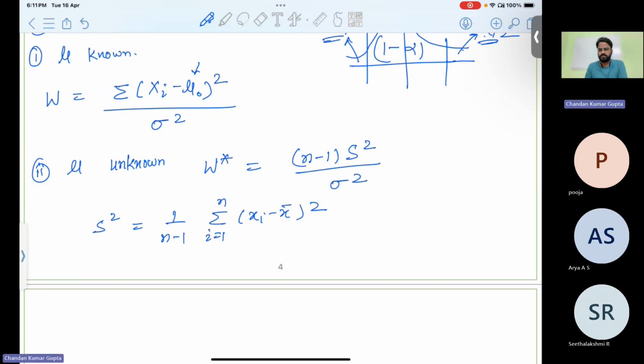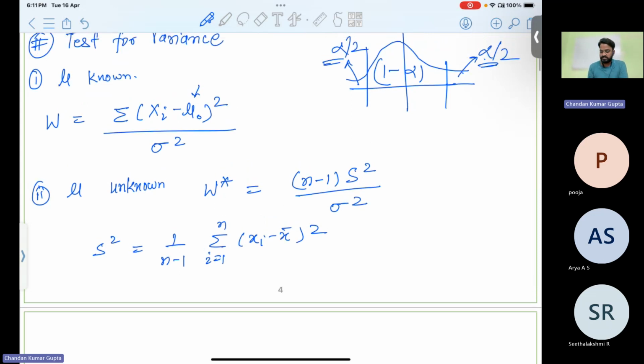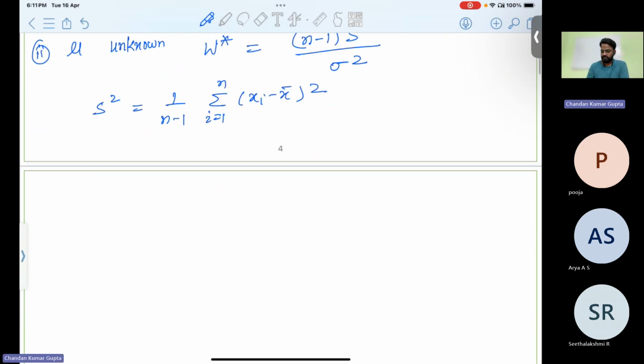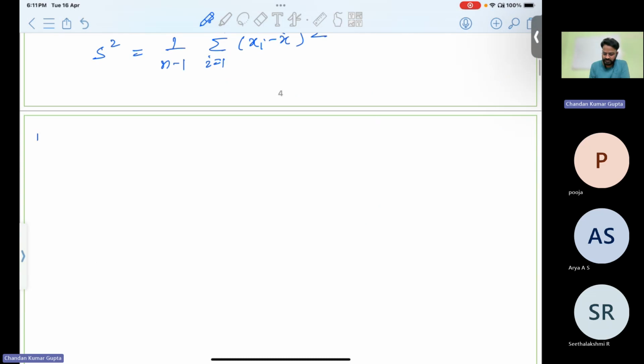So this is capital S square. In a similar manner, we check the values. Since it follows the chi-square distribution, we check the values from the chi-square table under the degrees of freedom, and then work accordingly. Again here there are three possibilities for the hypothesis.